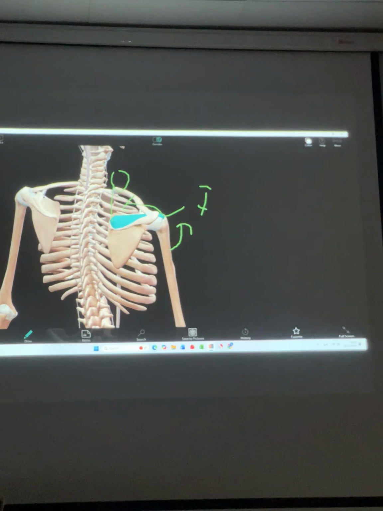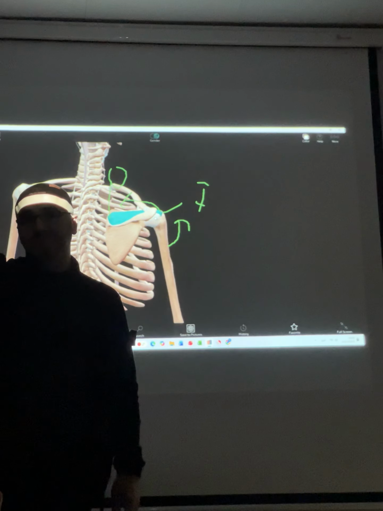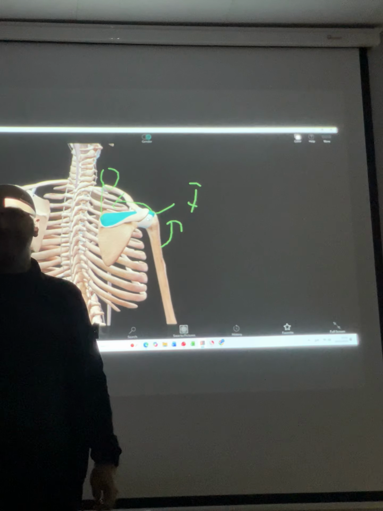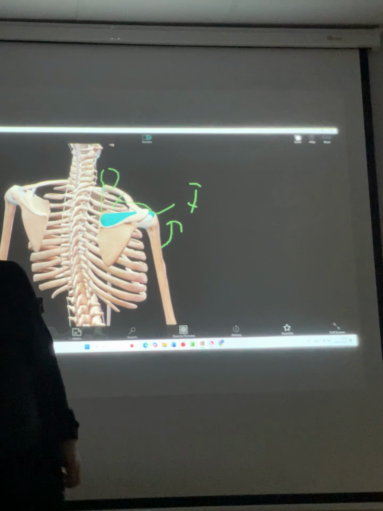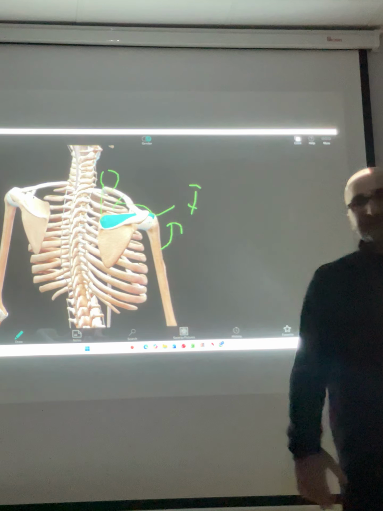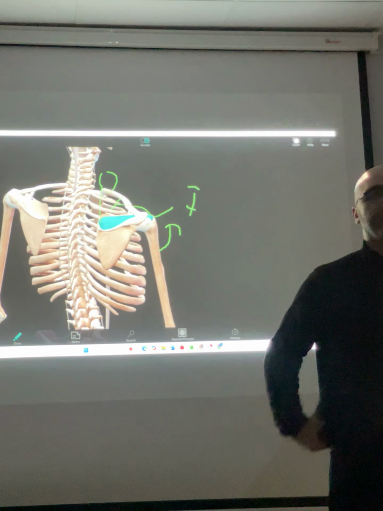Which movement is that? So, this is the abduction. This one? Adduction. Okay?